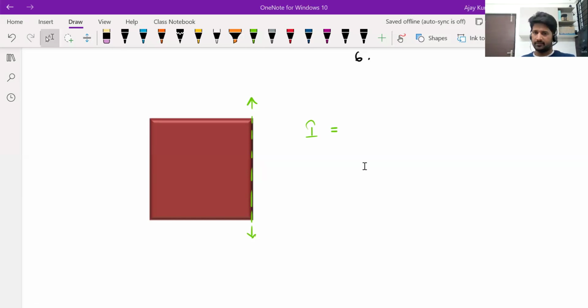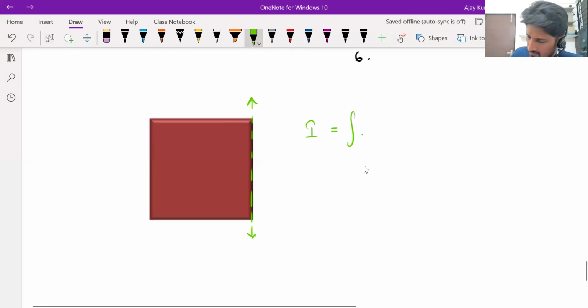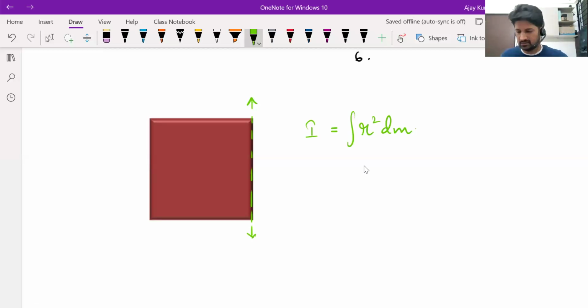Integral r square dm, correct. I told you there are two ways of applying this. One is you can choose some particle, call its mass dm, then take the distance as r and proceed. But since this is an areal mass distribution, selecting particles will be difficult. You can't take it as a collection of individual particles.